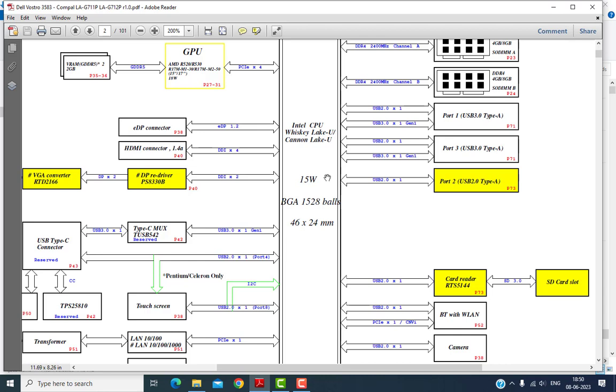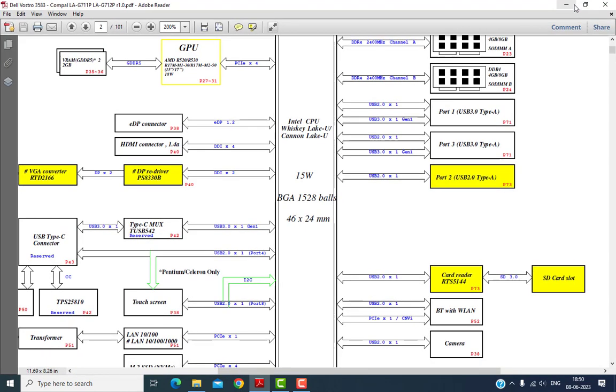Okay, so now what we have to do is find where our A section is, that means our battery charging section. This entire diagram is 101 pages. The power section is normally in the last 10-15 pages, so the power section may start after page 60.